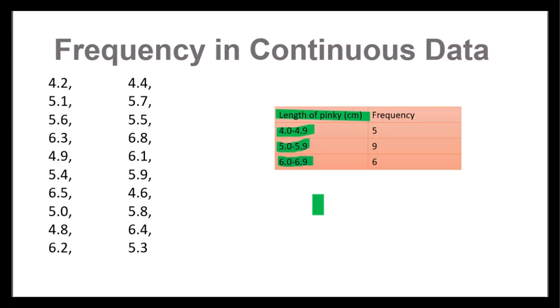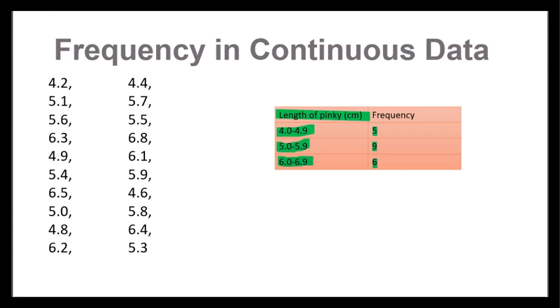So all of the measurements from 4 centimeters to 4.9 centimeters are grouped together. The frequency of that group was 5, and then from 5 to 5.9 is frequency 9, and from 6 to 6.9 is frequency 6. So we can still see the distribution of the lengths of these pinky fingers without having to look at every single data value separately.